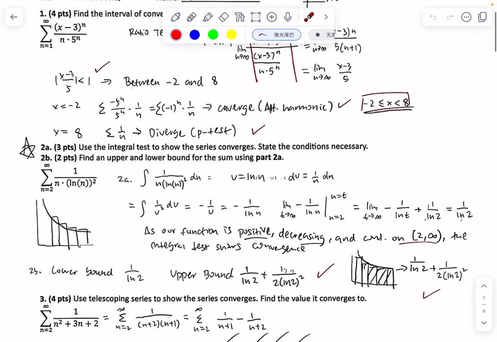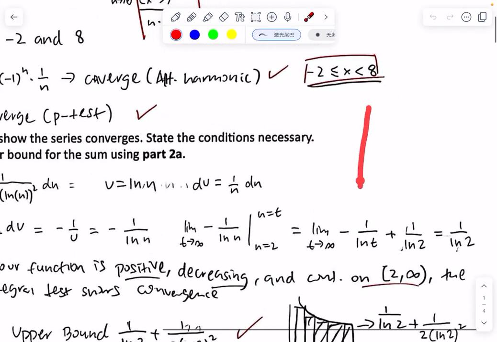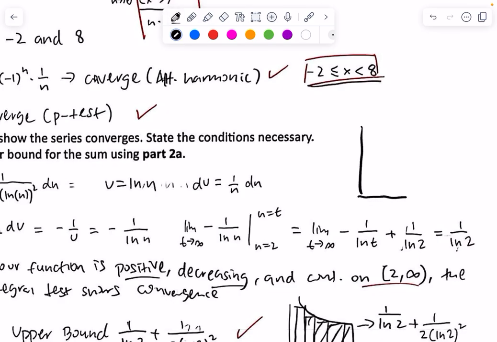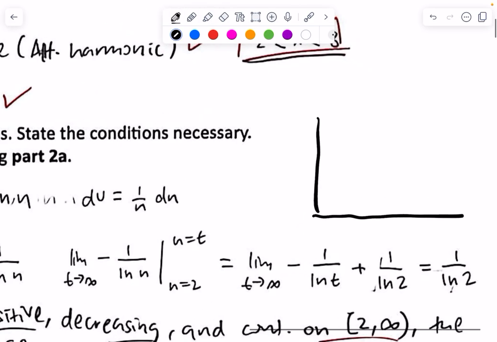So what does the integral test say? Integral test basically says that, what do we do when we're adding up a series, right? Basically what we're doing is we're adding up a bunch of dots together. We're adding up these y values together.